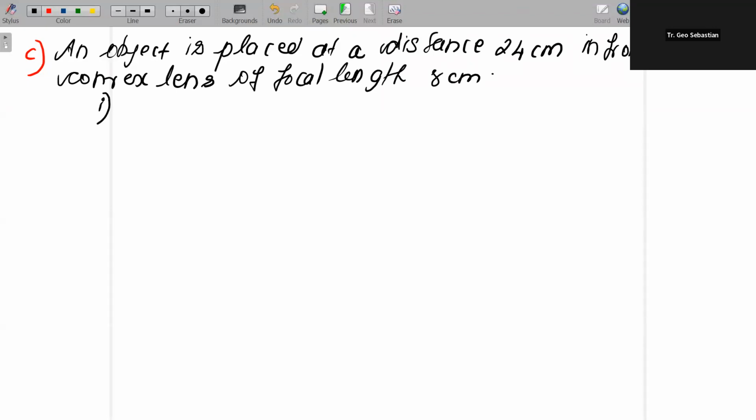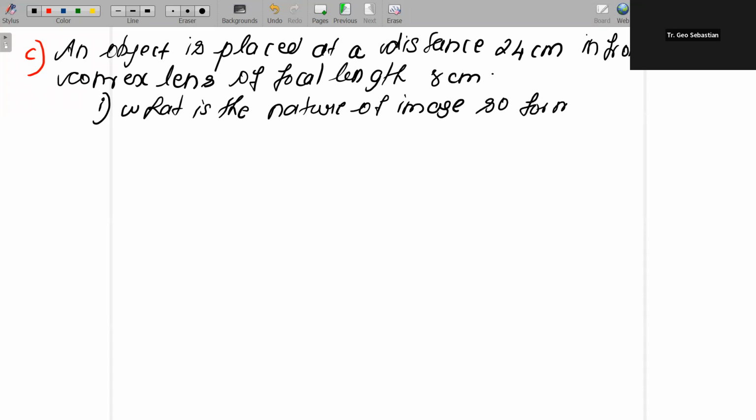Now, here first question. What is the nature of the image so formed? Second one.